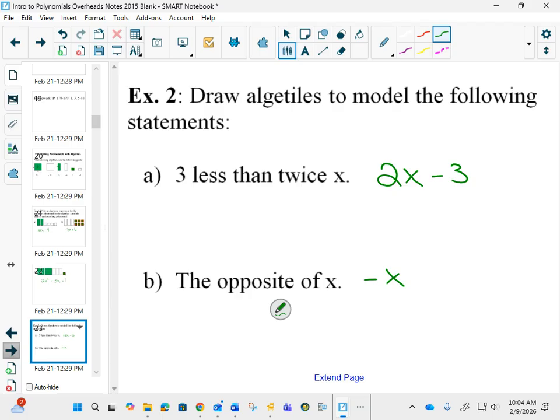Copying just notes down does nothing for your brain. Do it first on your own. So I want you to draw the Algetiles for that. Good. Because if you do it first on your own and then check, you will find out where you make your mistakes. Okay?